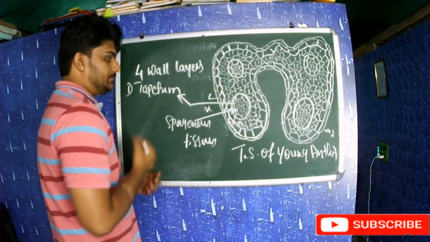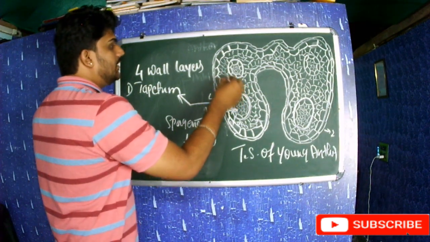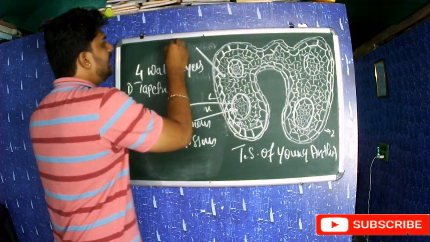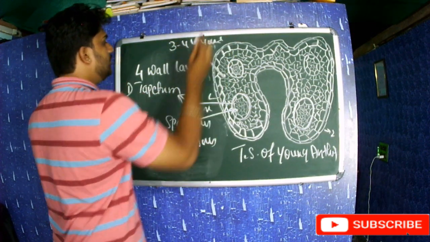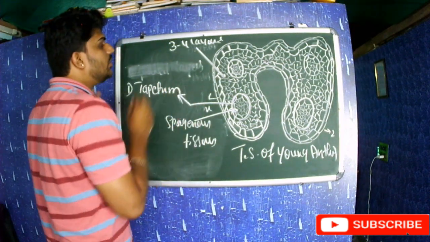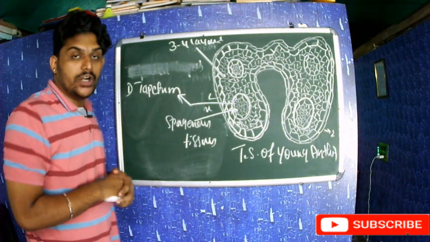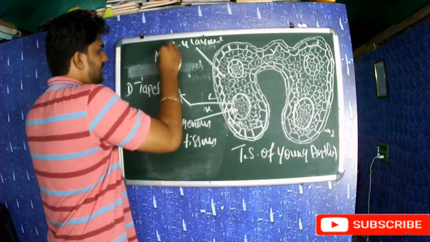Then soon after this tapetal layer, there are 3 to 4 layered structures of cells. They are known as middle layers.